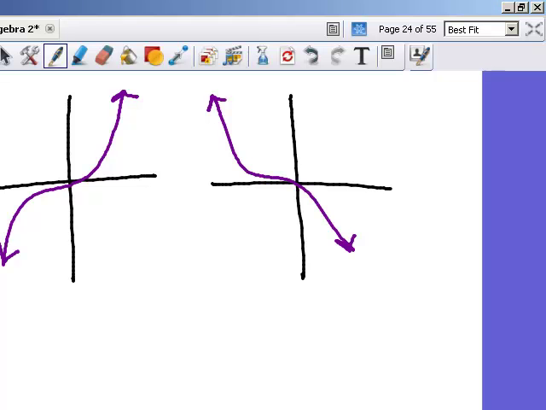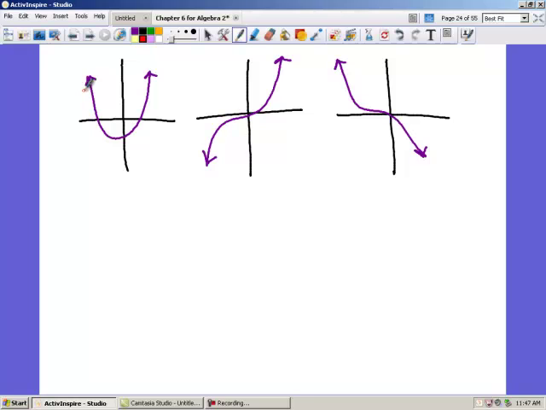Okay, so end behavior is talking about what the ends of the graph are doing. And the symbol they use for the function, instead of writing the word function out every time, they just write f of x. So if we look at this function, it's on this side, and we know all the x values over here are negative.